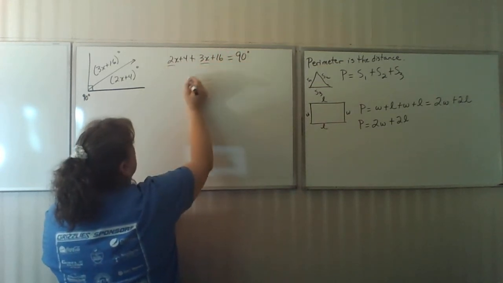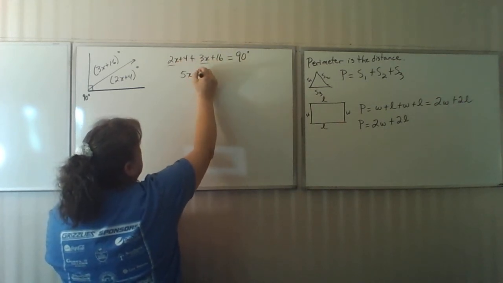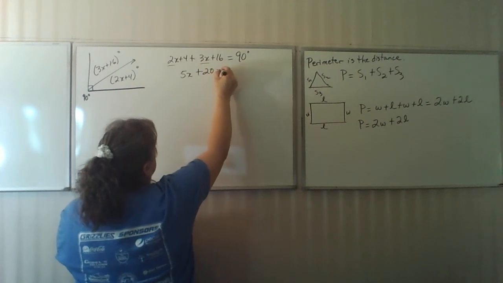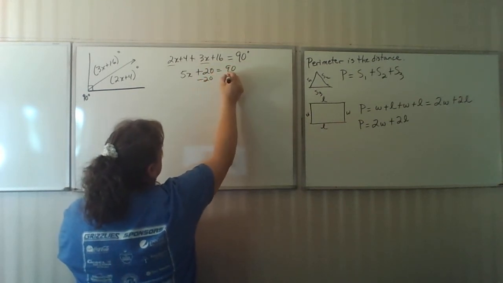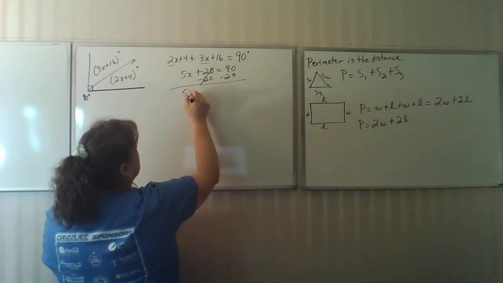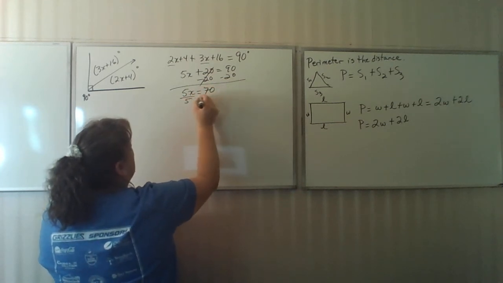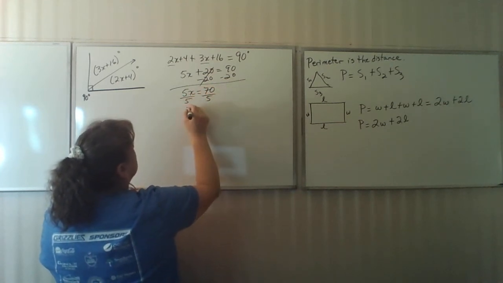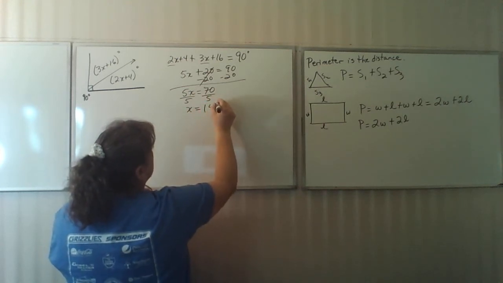Add my like terms and I have 5x. 4 plus 16 is 20, and that's equal to 90. Solve for my x, because I need to know that. And I have 5x is equal to 70. Divide by 5. So x is going to equal 14 degrees.